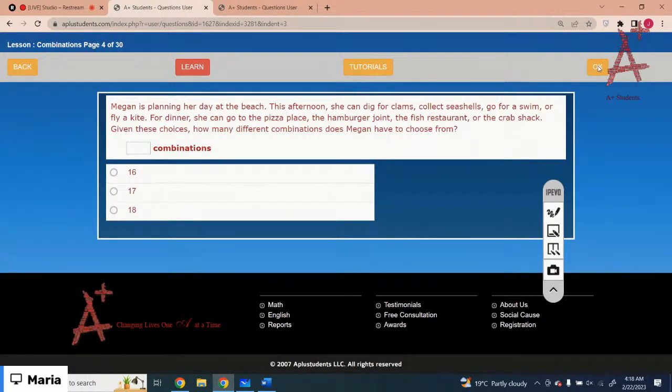Given the choices, how many different combinations can Megan choose from? So she has 4 options for the afternoon and 4 options for a restaurant. So you have to do 4 times 4. 4 times 4 is 16. Got it?